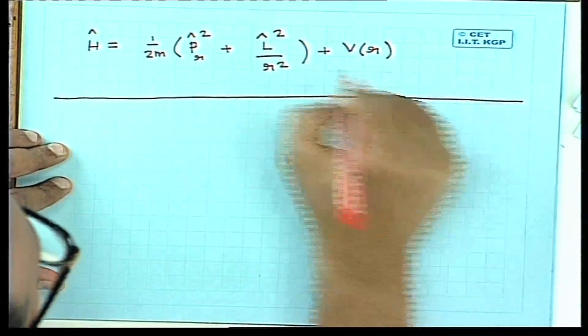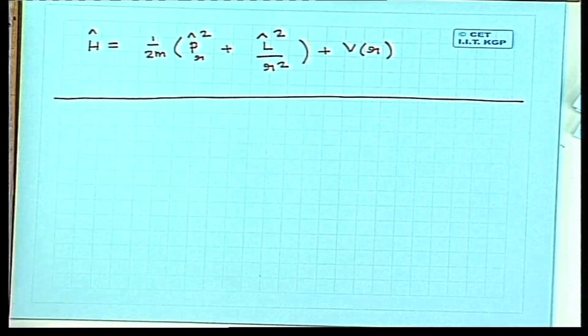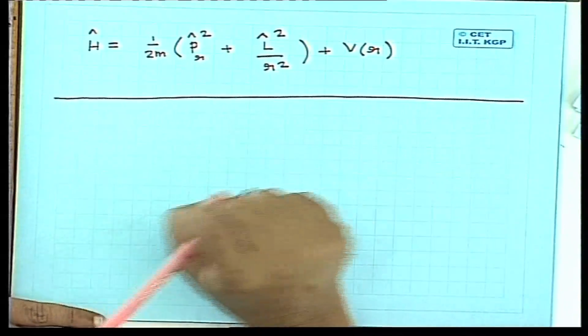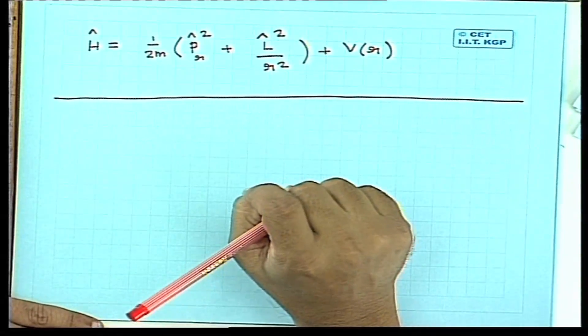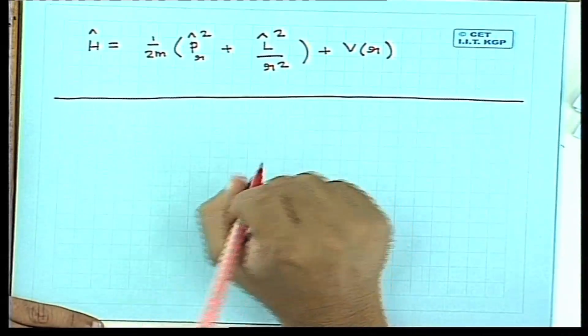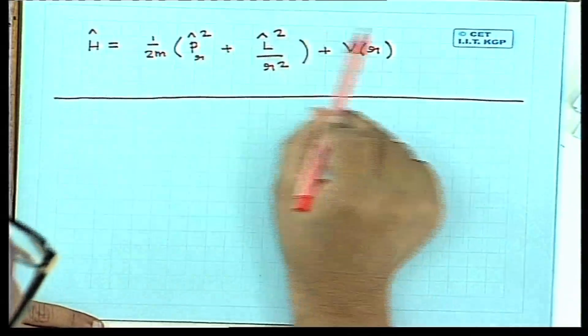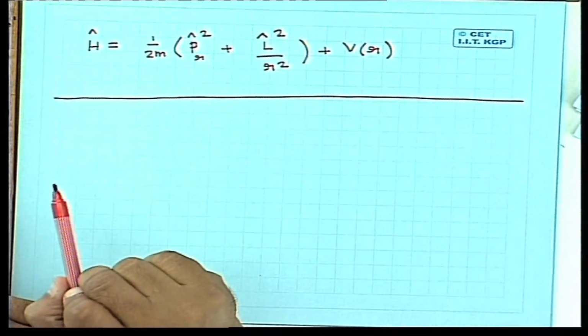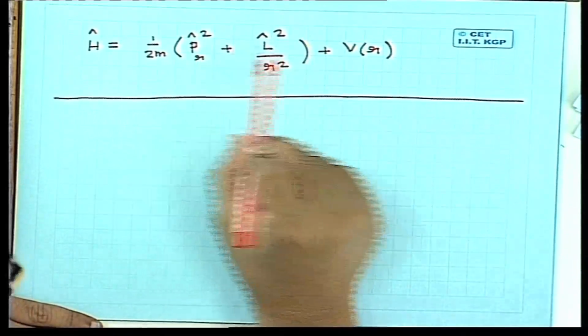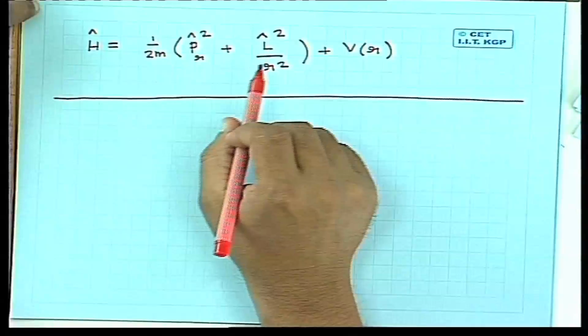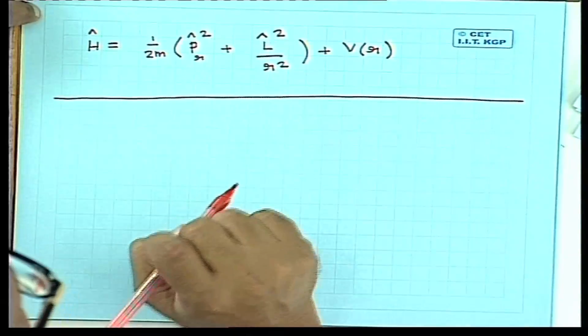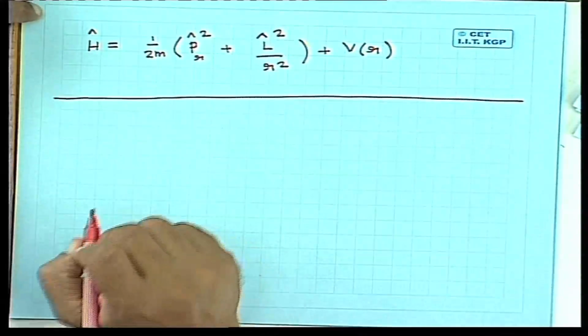In order to study this problem, we have to look at the eigenfunctions of the angular momentum squared, the operator L squared, and those are the angular part of this wave function. That is the reason why we have started looking at the angular momentum operators. So this is the first point.